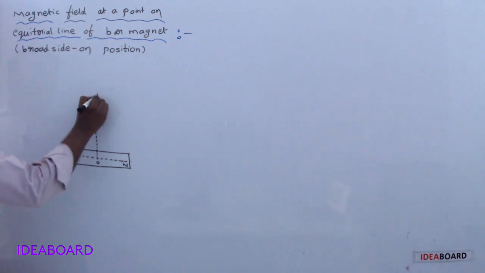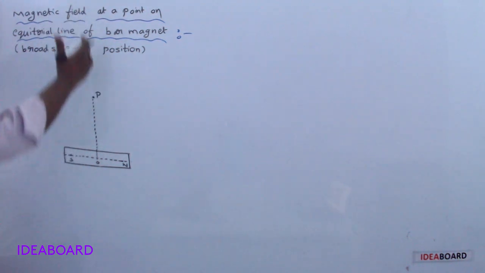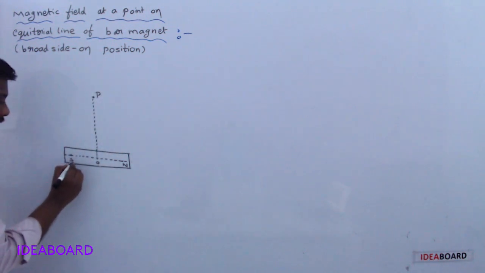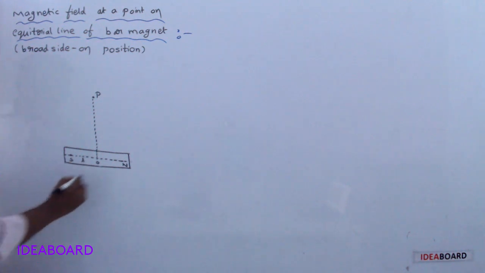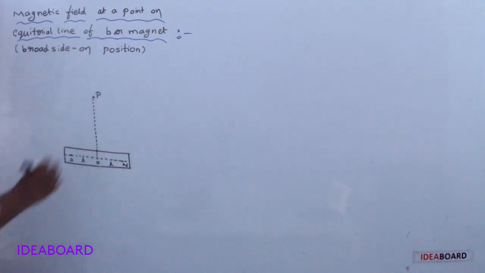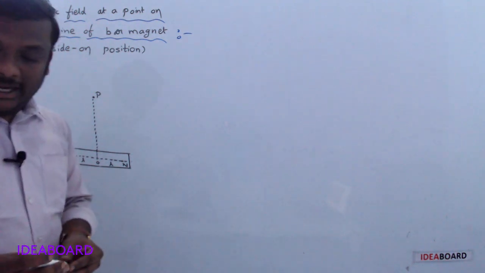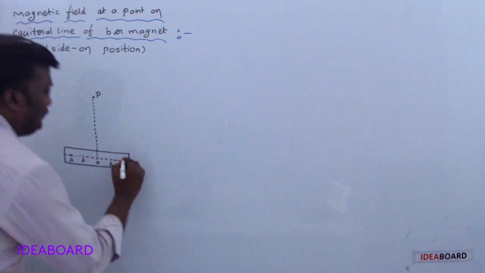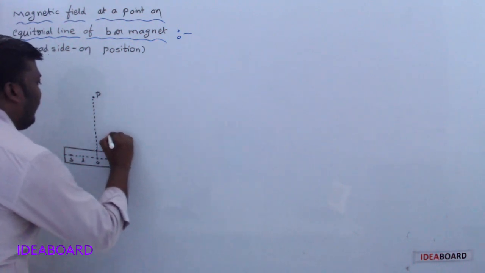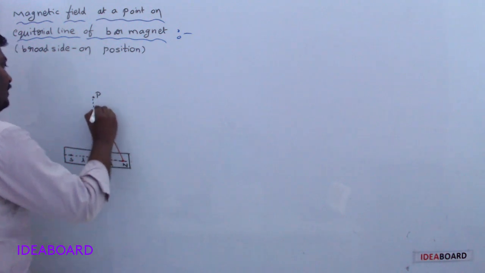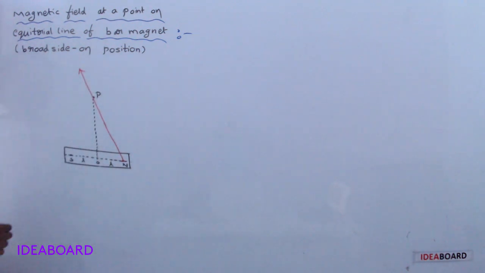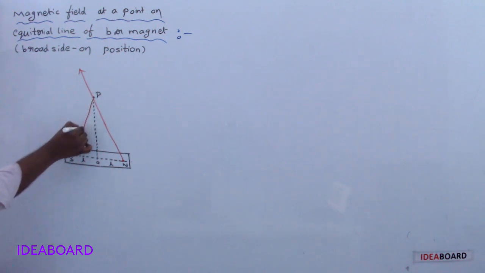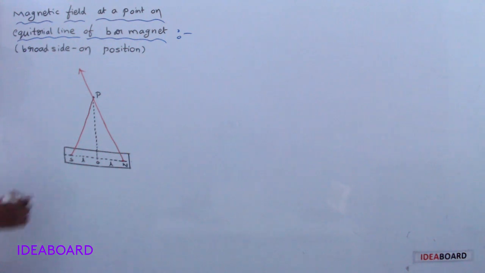Again, you consider a point P on the equatorial line anywhere. Maybe you consider it at this place or at this place. We know the length from O to S is L, and from N to O is also L. Now at point P, due to the north pole, the magnetic field will be acting in this direction, and due to the south pole, the magnetic field will be acting in this direction.